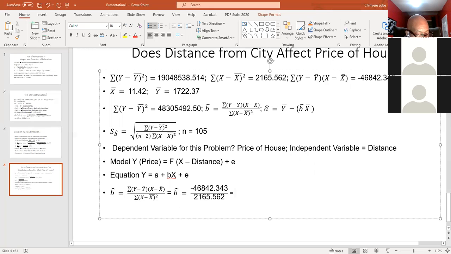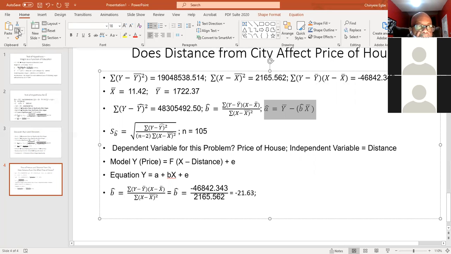I got negative 21.63. Very good. Minus 21.63.